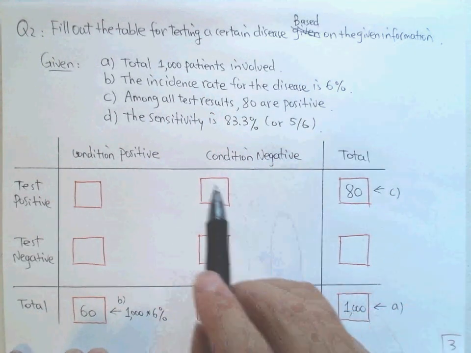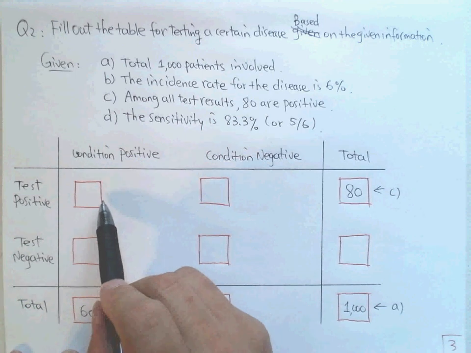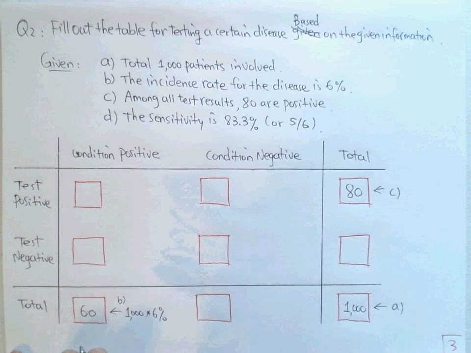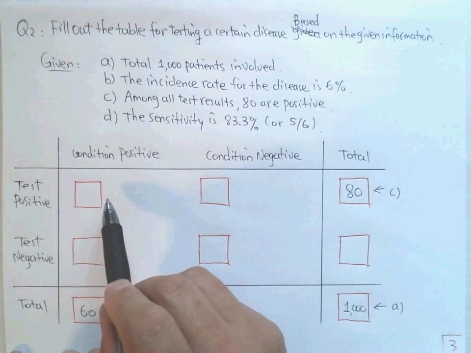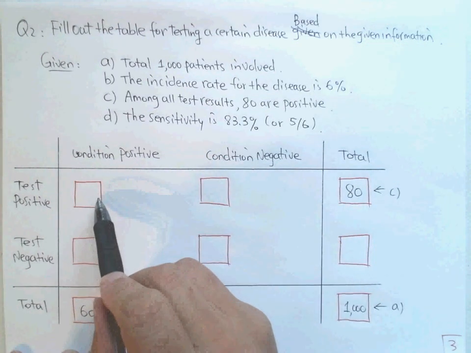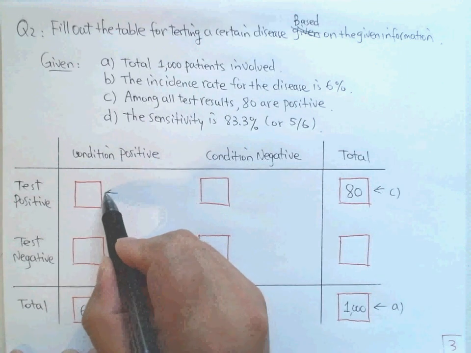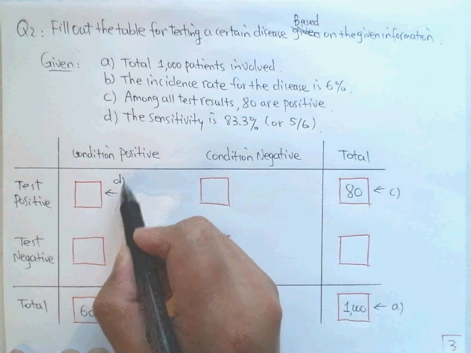The last. The sensitivity. Remember the sensitivity? Sensitivity is the true one divided by 60, this true positive. So now we can use the sensitivity to determine this true positive. But how?